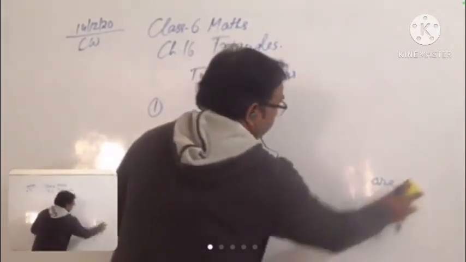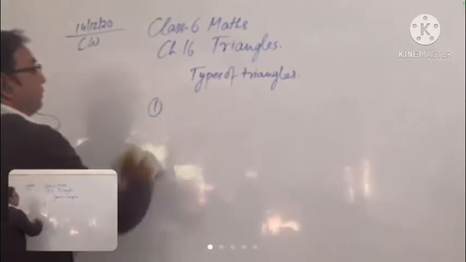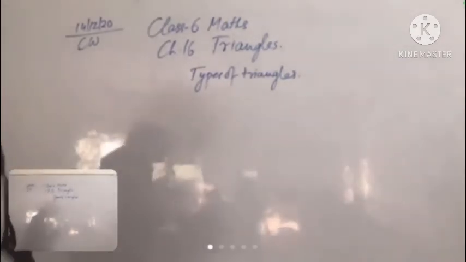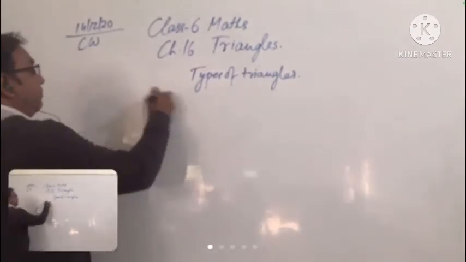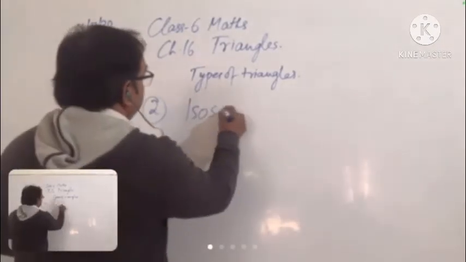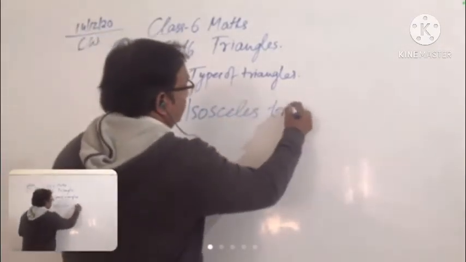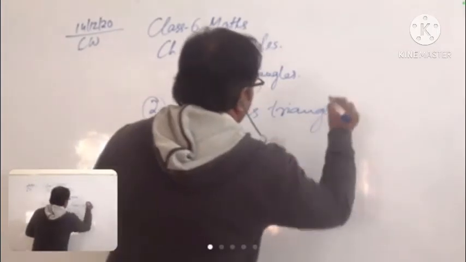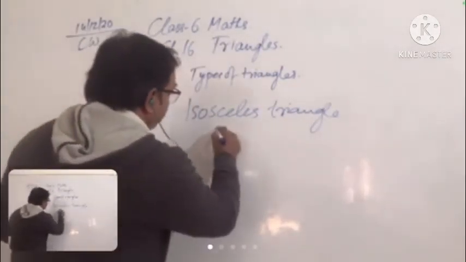Now the next, the second, is the isosceles triangle. In an isosceles triangle, two sides are equal.